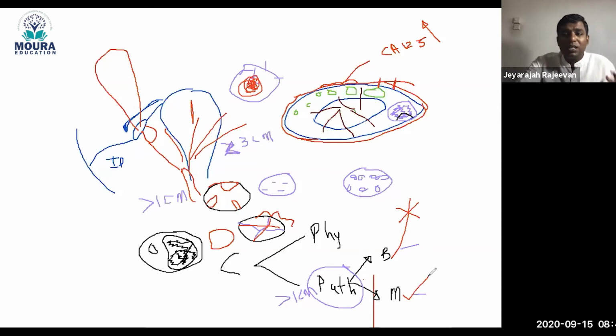So if you do the CA125 level for the epithelial cells, if it is high, then you can say it could be an epithelial mass, and it's highly likely to be a malignancy. Do you understand what I'm telling? Right?